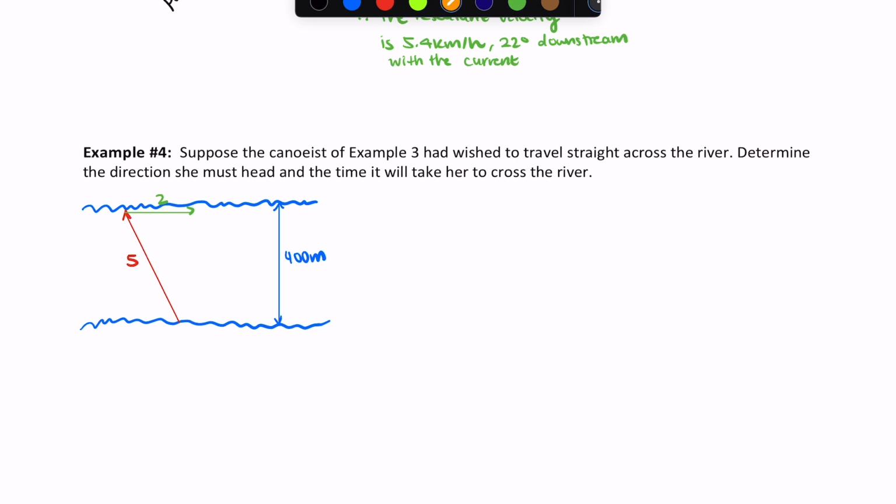And now we're looking at going straight across the river, and we're looking for the speed here.